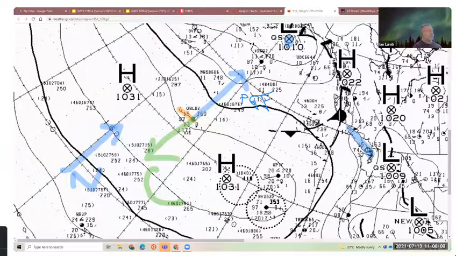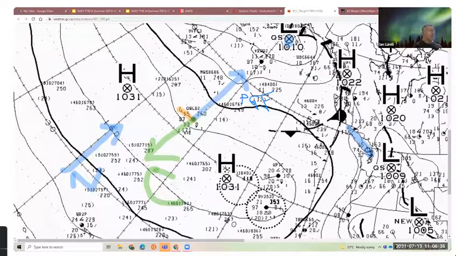So if you're standing at this weather station, this is off to your right. The pressure gradient force is what guides the strength of the wind. It's based on the difference in pressure. The Coriolis force just changes the direction of the wind.